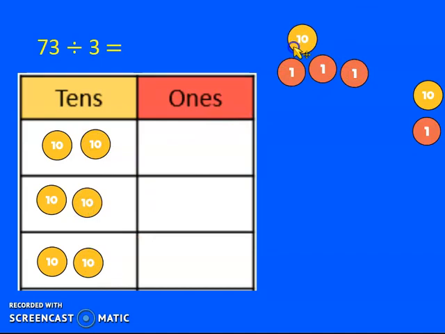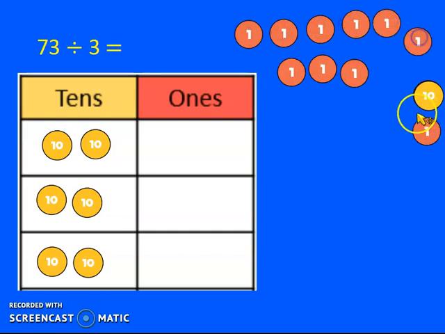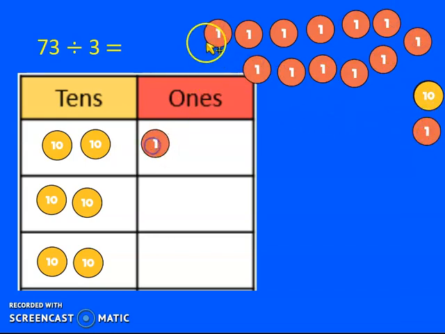We've got a 10 that we can't share. So what do we do with this 10? Well done. We exchange. So put it back and then get out 10 ones. 4, 5, 6, 7, 8, 9, 10. Now let's split these into the ones column.